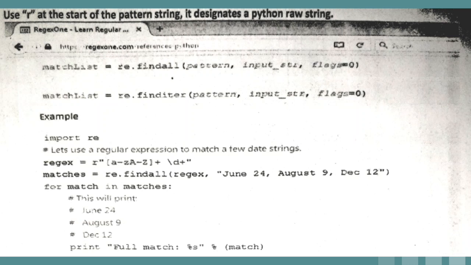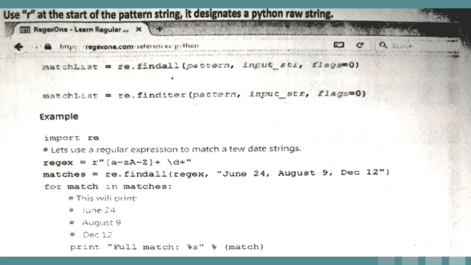So now I have provided the string within double quotes: June 24 comma August 9 comma December 12, that is June space 24, August space 9, and December space 12. After the line matches, we write for match in matches, and with the help of a for loop we are going to display the result.